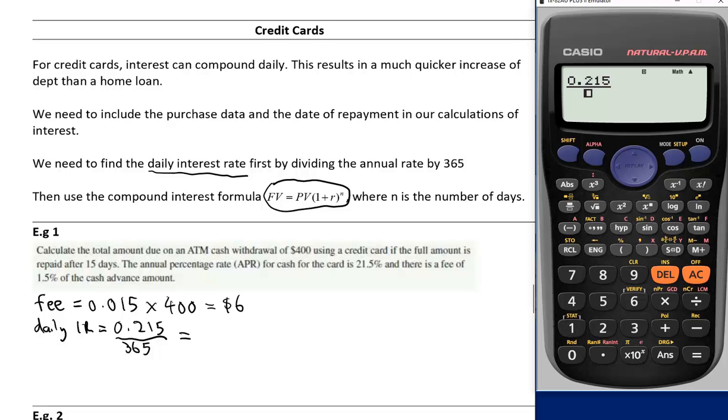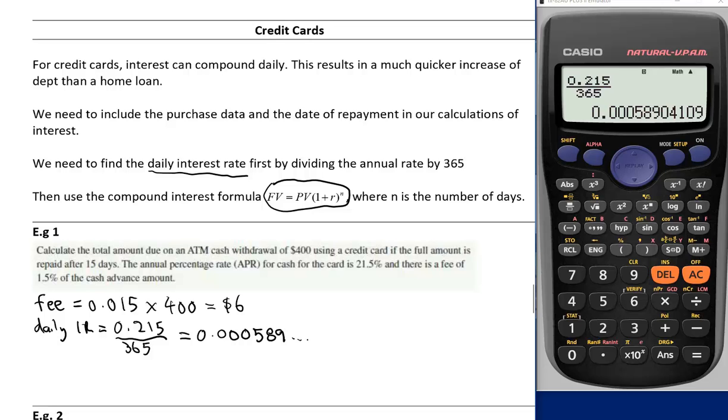It gives us this really small decimal that looks like a really small rate, but because it's compounding daily, it's actually more than you might think. Remember, just leave it in your calculator for now.